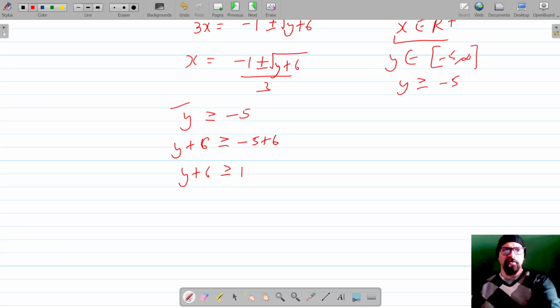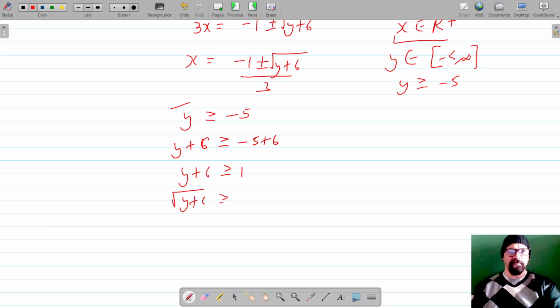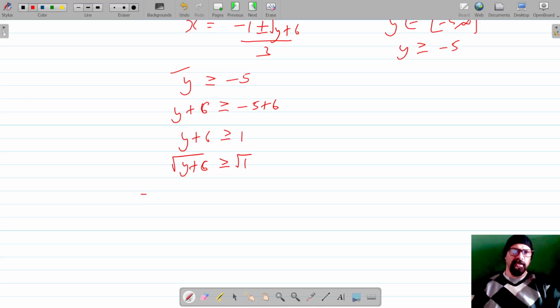Let's take square root on both the sides. This will give me root of y plus 6 is greater than equal to the root of 1, which is 1. And let me add negative 1 on both the sides. So this is negative 1 plus root of y plus 6 is greater than equal to 1 minus 1, which will give me 0.